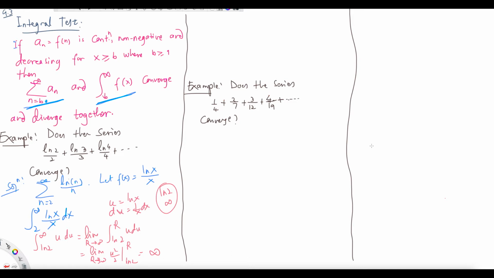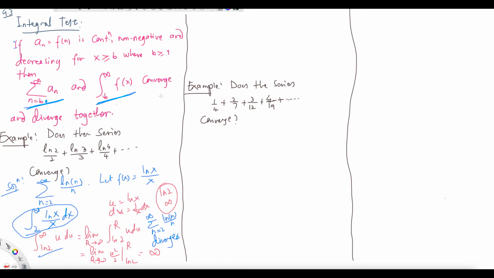So the final answer is the series from n equals 2 through infinity of natural log of n over n diverges, because this integral diverges. That's what we can say from the integral test theorem.